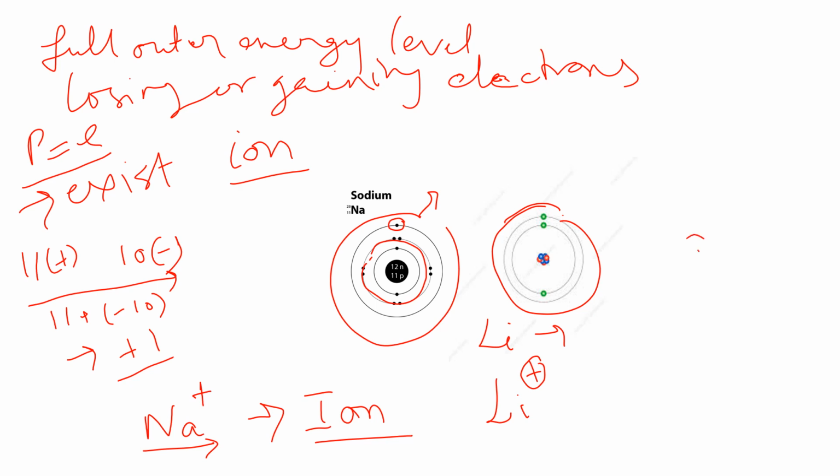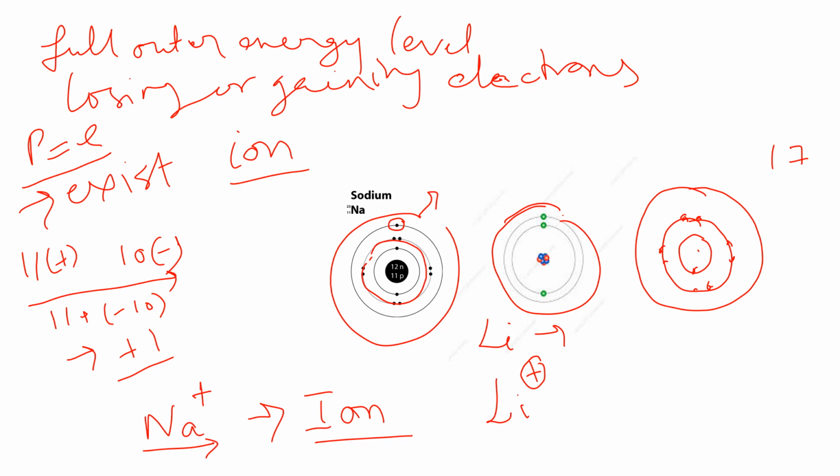Chlorine has the atomic number of 17. So let's see. The first shell can hold only 2 electrons. The second shell can hold 8 electrons. The third also can hold 8. But 2 plus 8 is 10.